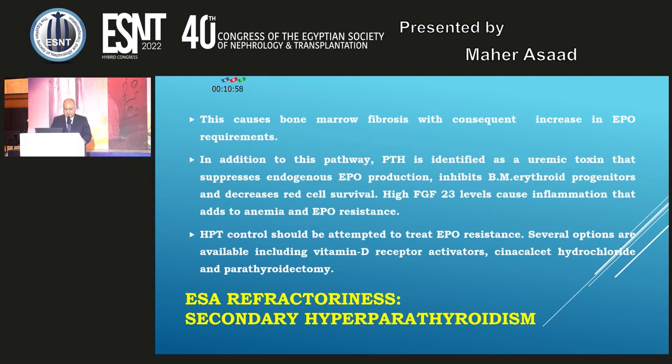In addition to this pathway, PTH is identified as a uremic toxin that suppresses endogenous EPO production, inhibits bone marrow erythroid progenitors, and decreases red cell survival. High levels of fibroblast growth factor 23 cause inflammation that adds to anemia and EPO resistance.